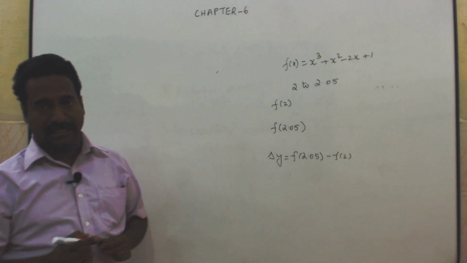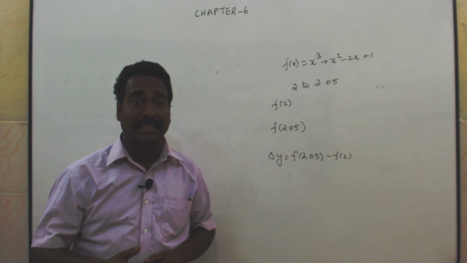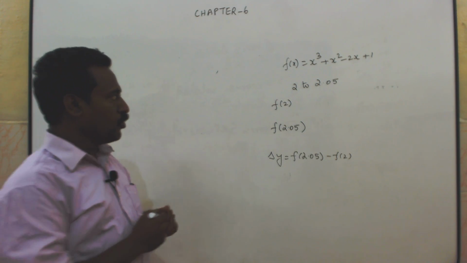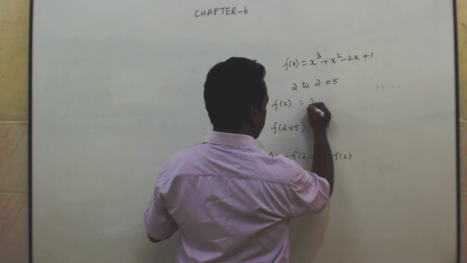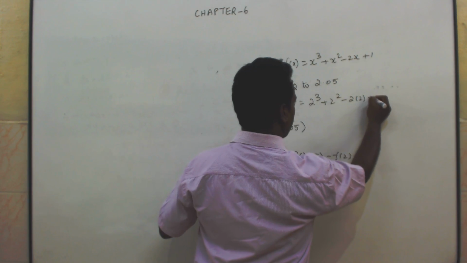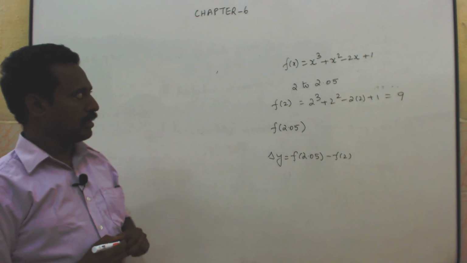Already you studied in 11th standard, delta y equal to f of x plus delta x minus f of x. F of 2 means 2 cube plus 2 square minus 2 into 2 plus 1. Simplify, you will get 9.